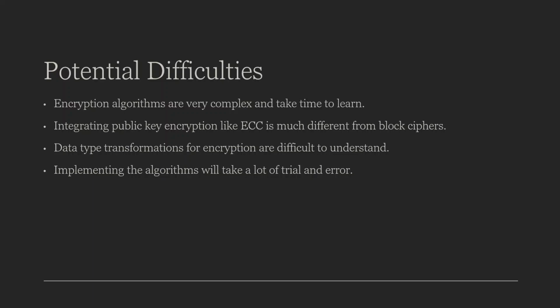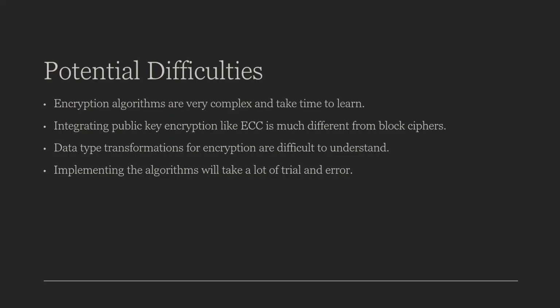Another potential difficulty is that the data type transformations for encryption are pretty difficult to understand. What I mean by this is, for example, whenever I was programming the Tiny Encryption Algorithm, you had to use a lot of bitwise shifts and whatnot to control the data types that you needed when you needed them.